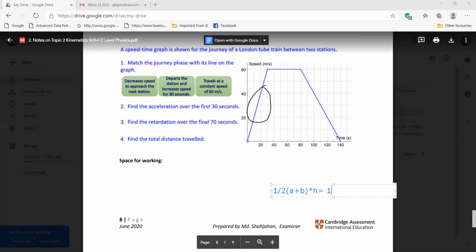So half into 50, then plus 140, okay. Then into the height 60. Great. So what will be the answer?